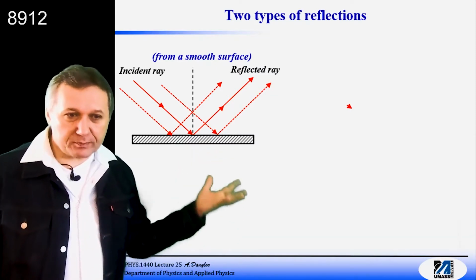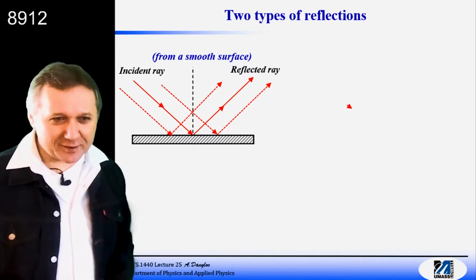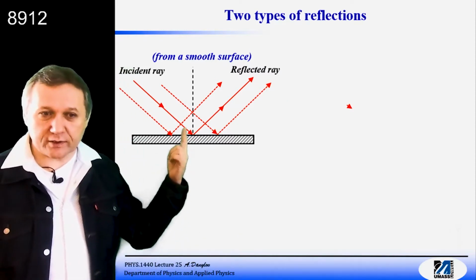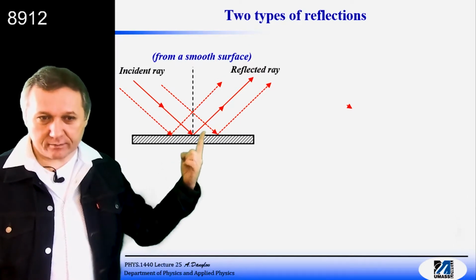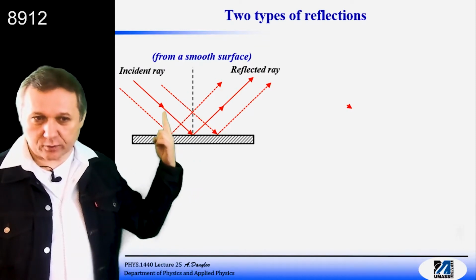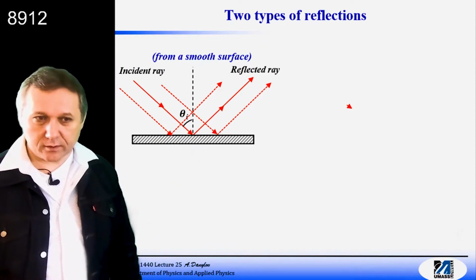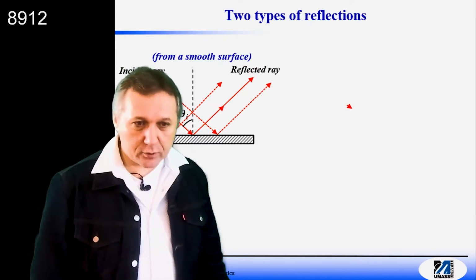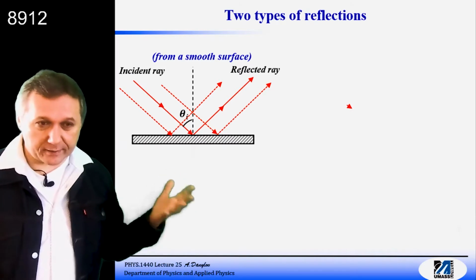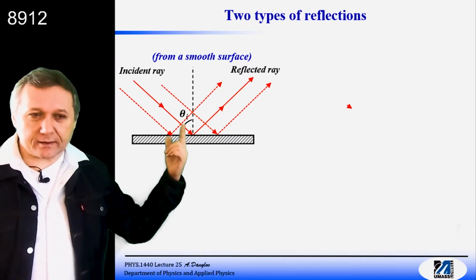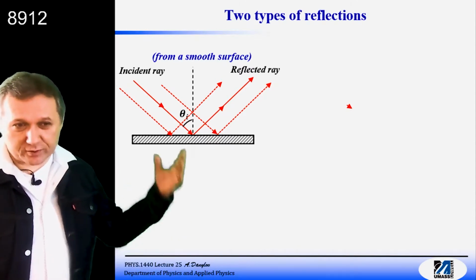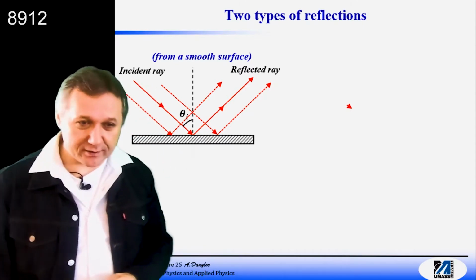Researchers decided to use the angle between the ray and the normal line, so by convention this angle. Remember that, because on the exam some students use the wrong angle. This angle is called the angle of incidence, because it gives the direction of an incident ray.